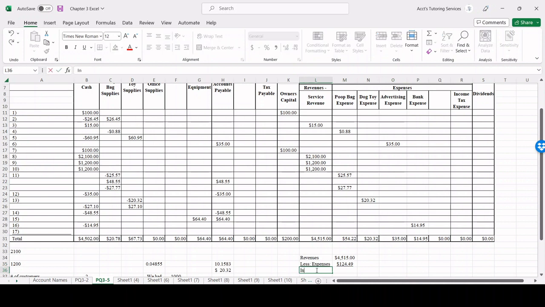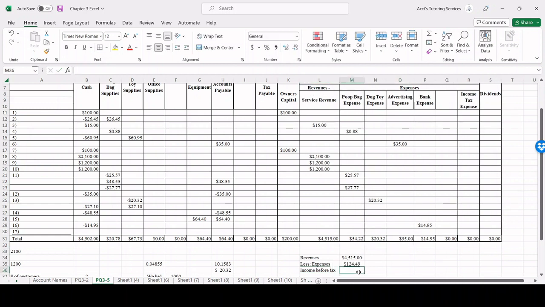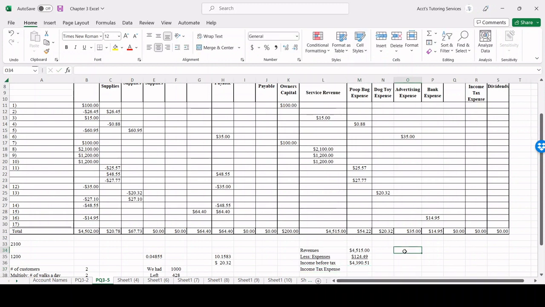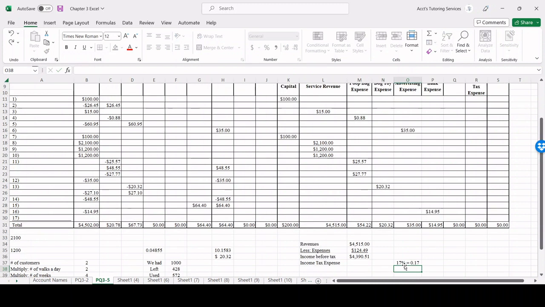To calculate the income before tax, we're going to simply take total revenues subtracted by total expenses. Now to arrive at income tax expense, we know that the tax rate is 17%. Remember, 17% is equal to 0.17.